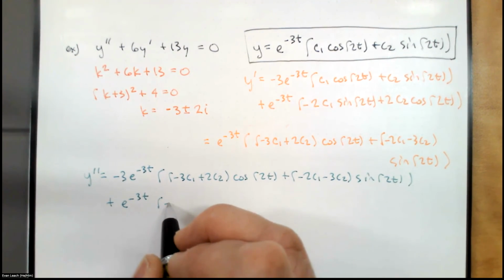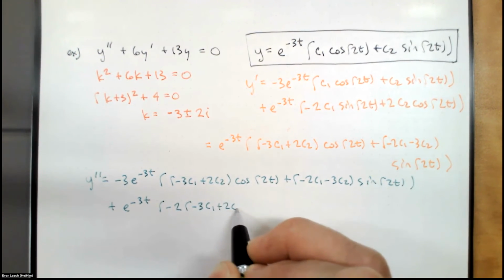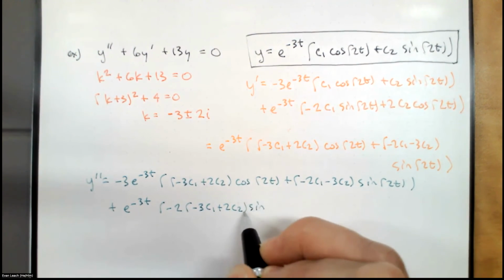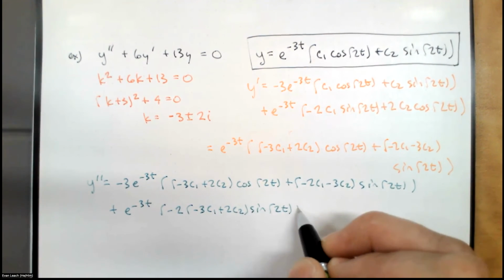The derivative of cosine is negative sine, so minus 2. Derivative of sine is cosine.